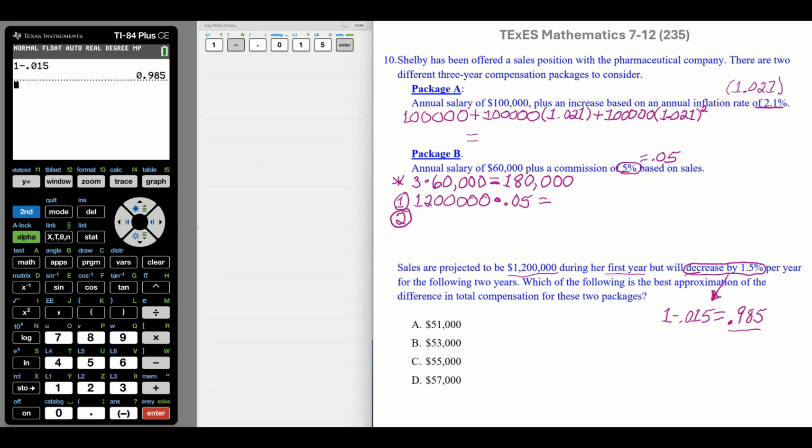Year 2. Okay? What do you do for year 2? You're going to, now we have an issue. We are going to have to decrease that by this value. Okay, oh no. Lovely. Let's back that up.